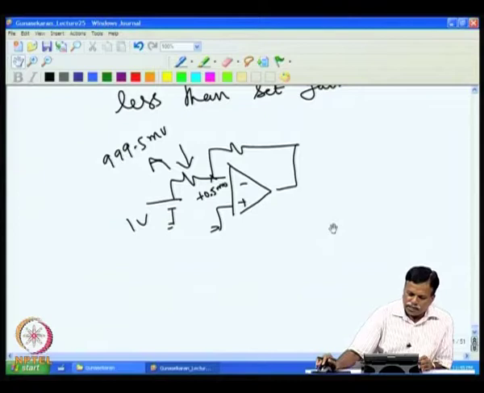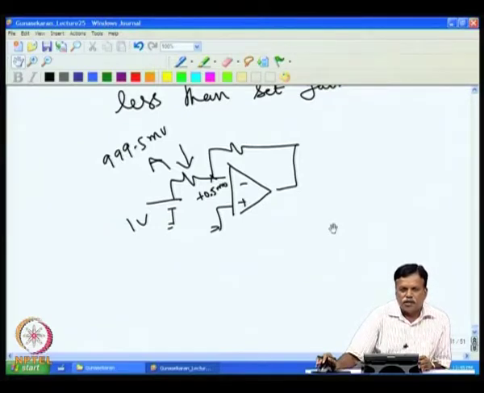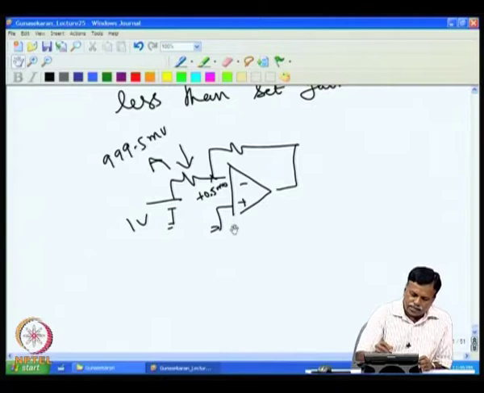Now, we try to derive a general equation to find the relation between the set gain and the actual gain. I will take this as 0 volt, and instead of 0.5 millivolt, take it as a general value x.